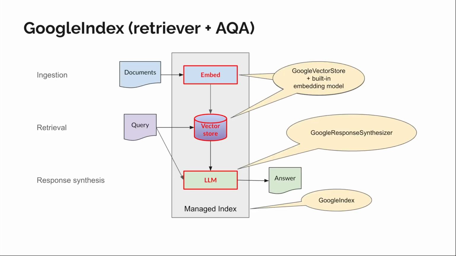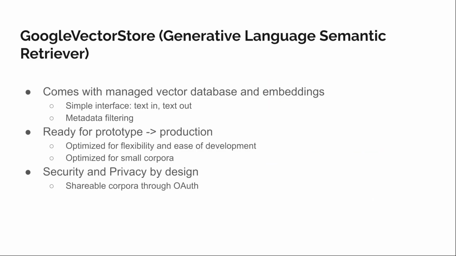Now I will go into what the offerings Google Vector Store and Response Synthesizer actually are. The Google Vector Store is the General Language Semantic Retriever. It comes with a managed vector database and embeddings. It is designed to be simple, with text in and text out and metadata filtering. It's ready for production, for flexibility and ease of development.